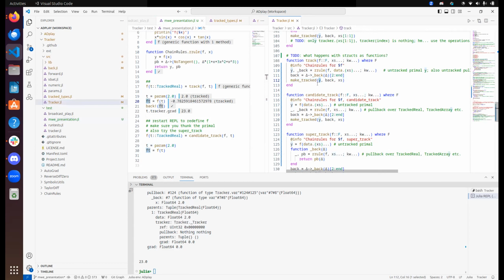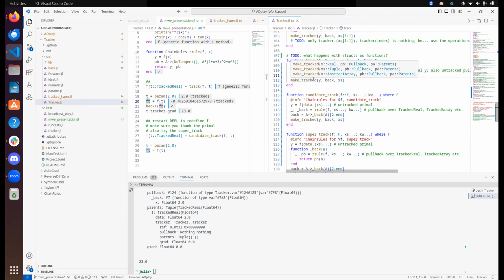We keep the data here, which would be y, this pullback, which would be an untracked pullback, and of course the original parents, which would be x.